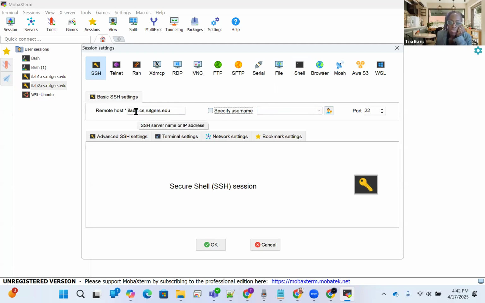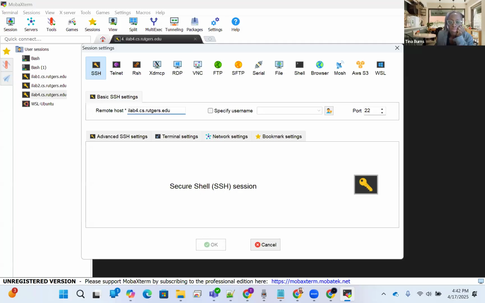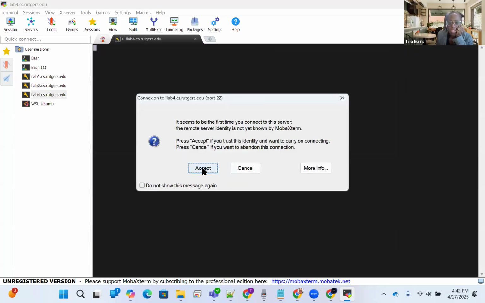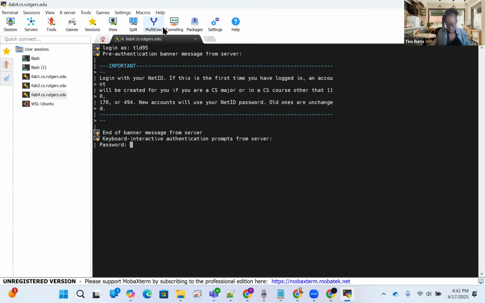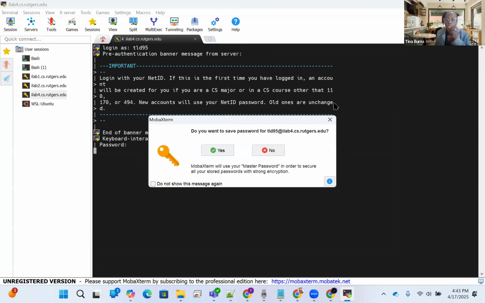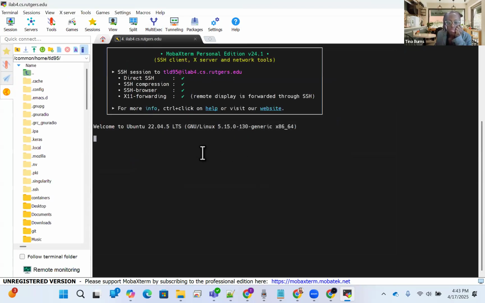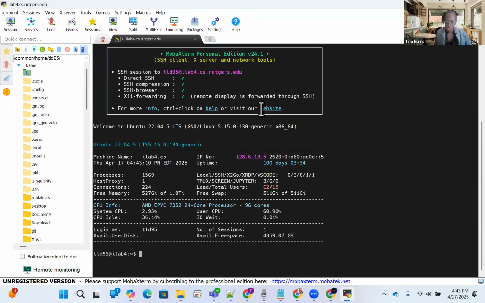I'm just going to have it log me into this system. And what I want to use is, why don't we use 4? All right, it's going to pull up this. It's going to give me that, and that's fine. Then here's where you would put in your particular username and password. Choose to save it. And now you'll see that I am logged into this on ilabs 4.